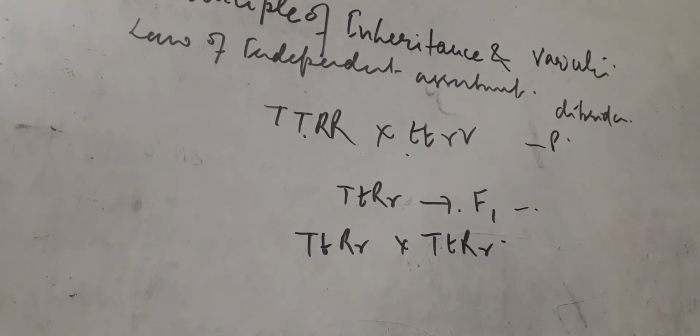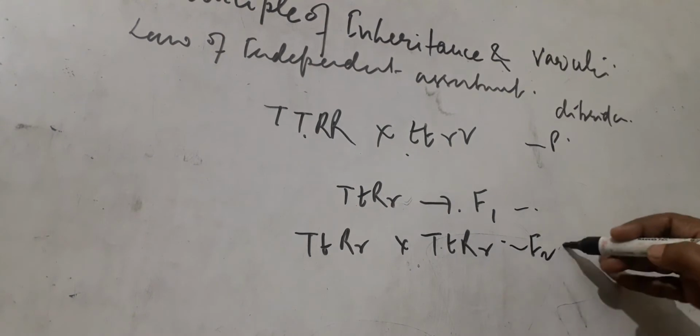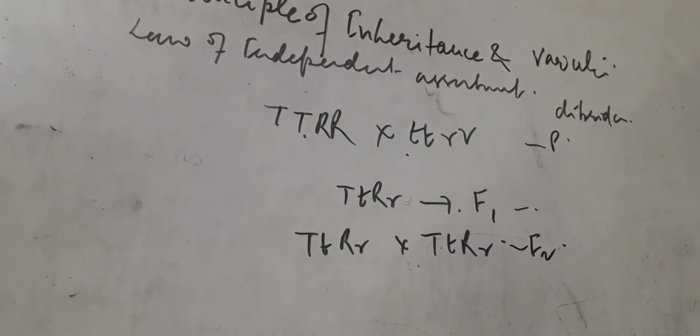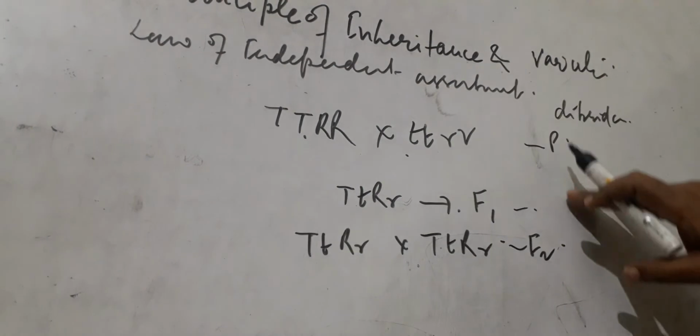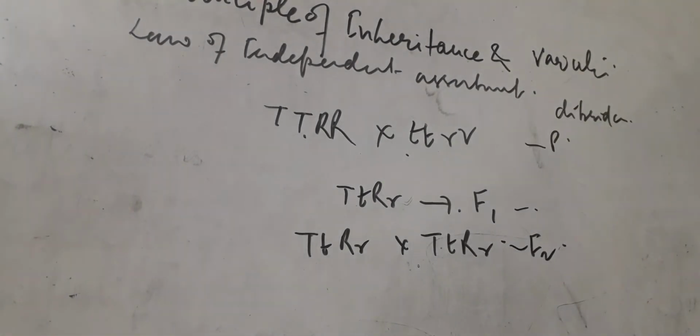But in the F2 generation of the dihybrid cross, we will see tall white and dwarf red, two more new combinations. So this shows that in this cross, these pairs are independent. They segregate independently of each other and combine with others.